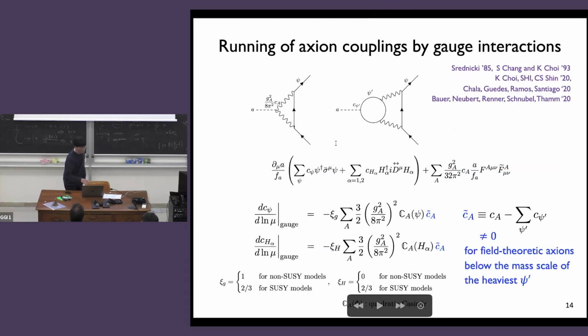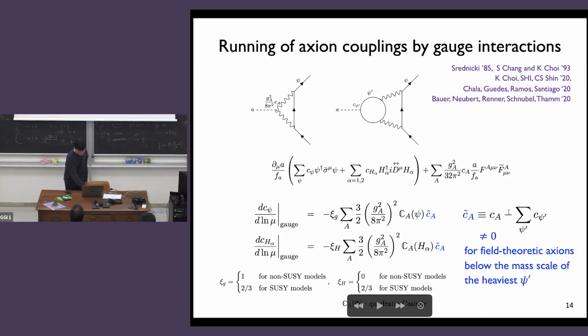And at two loop level, axion couplings can be renormalized by diagrams from the axion gauge field interaction and also the axion fermion coupling as well. So the RG coefficient is proportional to this C_A tilde parameter, defined as the sum of the axion gauge boson couplings and axion fermion couplings appearing in this loop.